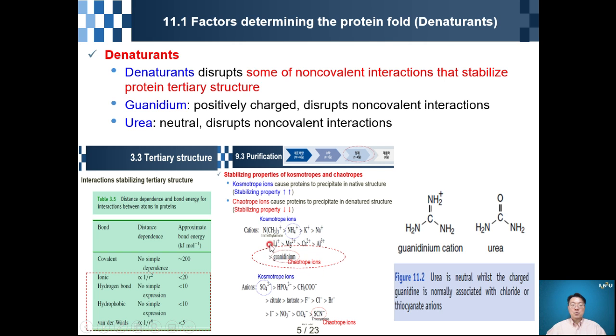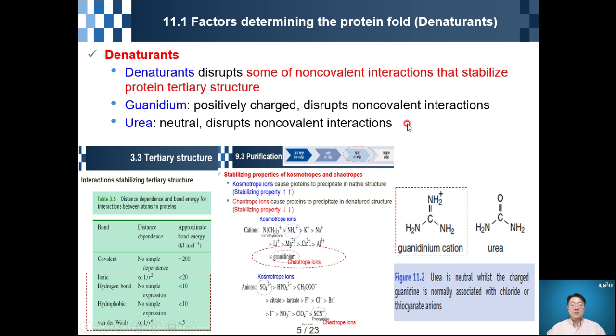This is the guanidium structure. At the center they have carbon. After that they have an amine group, amine group, amine group. This is what we call the guanidium cation. So guanidium has a positive charge, and it can disrupt non-covalent interactions.